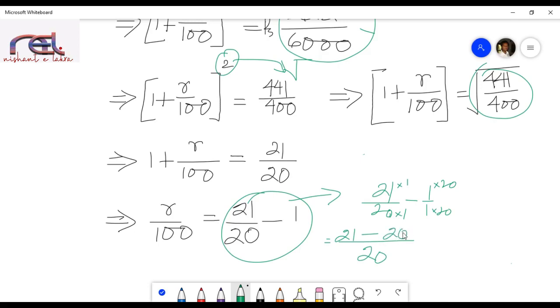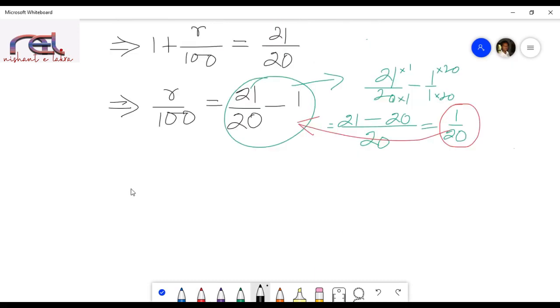So 21 minus 20 will be how much? 21 minus 20 is 1. So we get 1 by 20. I hope you have understood this. So 21 by 20 minus 1 is equal to 1 by 20 after simplifying it. We'll just replace this value there.